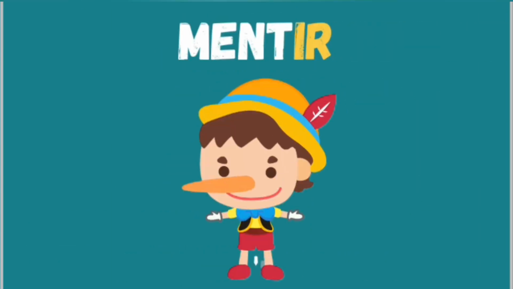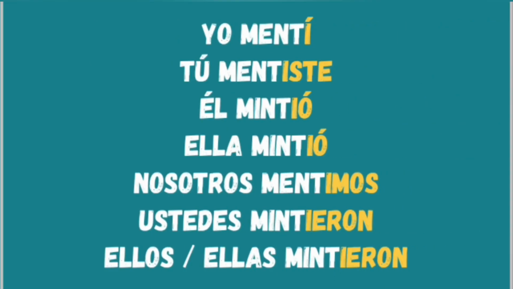And now we have this verb to lie, okay? To lie in Spanish means mentir. Now let's see how you have to conjugate this in the indefinite past, okay? So if you want to say I lied, in Spanish you have to say yo mentí, okay?